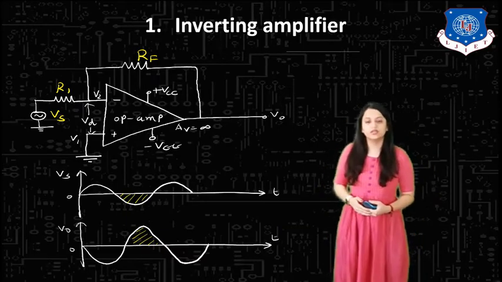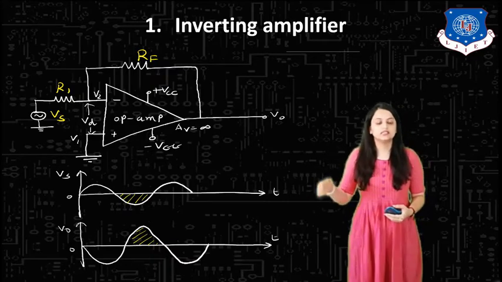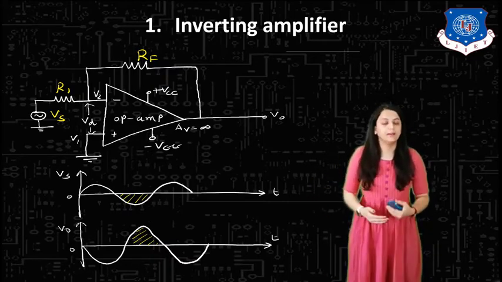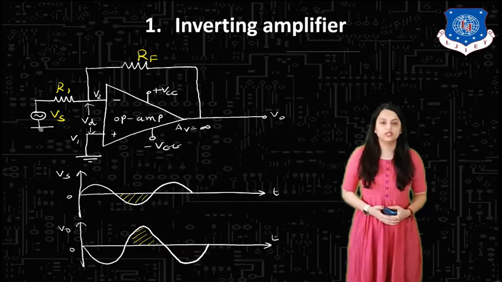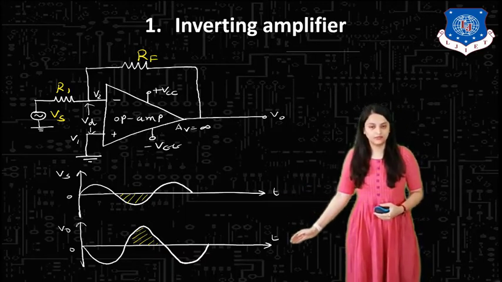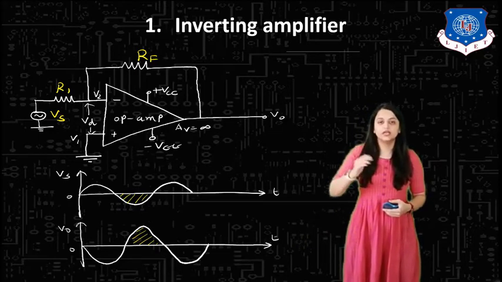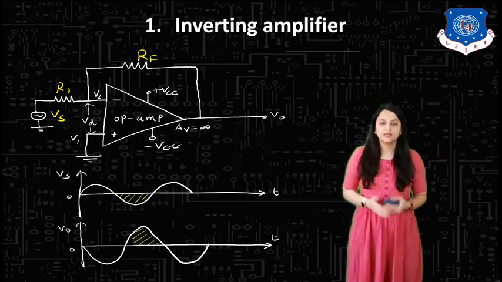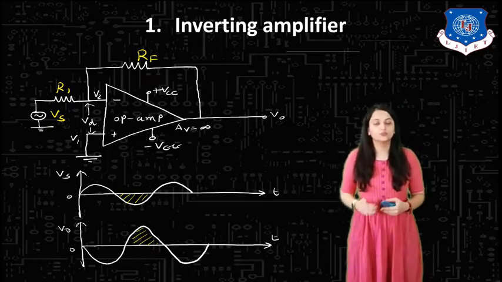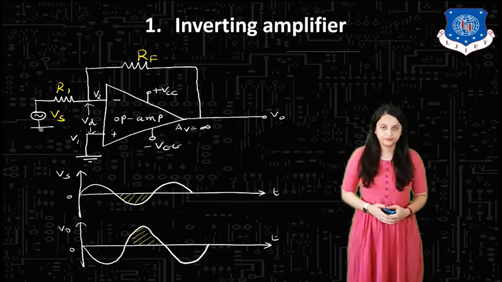As you can see over here, the output is inverted with respect to the input and it is an amplified version of the input signal. Here the shaded region indicates that the output is inverted as compared to the input. Remember that this inverted output appears just because we have used the inverting amplifier.